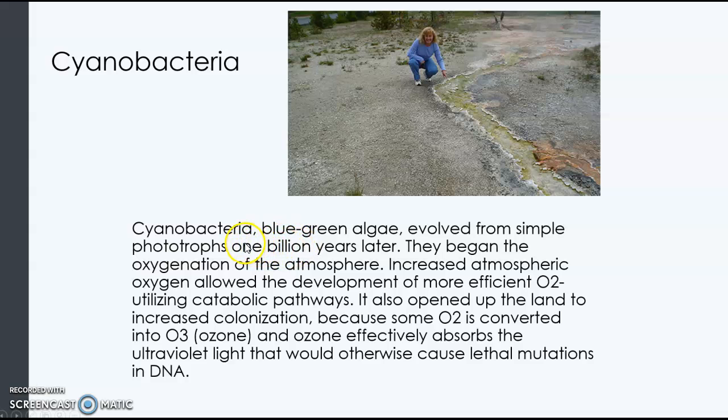The cyanobacteria evolved 1 billion years later, after the anaerobic phototrophs, and they began to add oxygen to the atmosphere. So that's what you need to know about cyanobacteria: they added a lot of oxygen to the atmosphere of the early Earth when there was no oxygen.